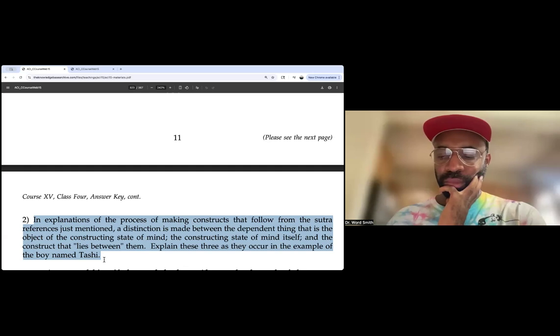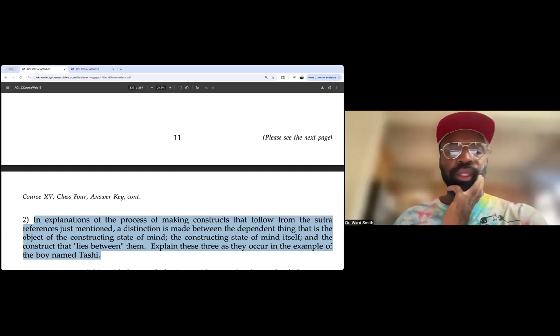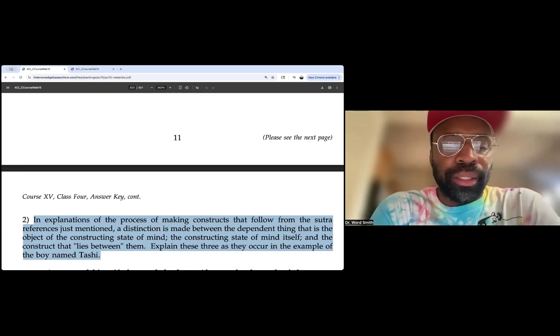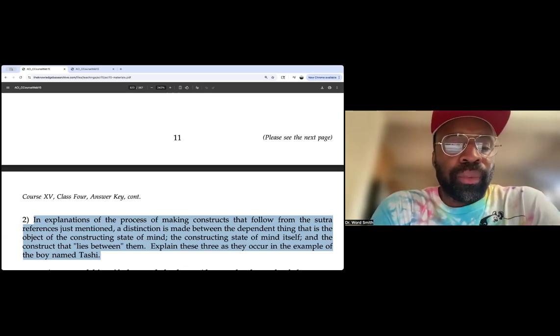Yeah, Tashi. So the name Tashi, explain what's the distinction between the dependent thing, that's the object of the state of saying Tashi, and the actual word Tashi.